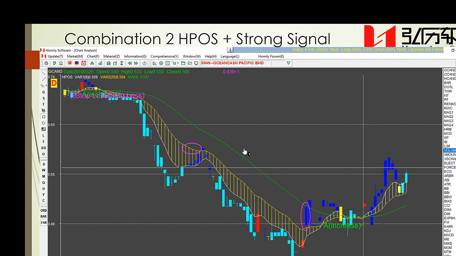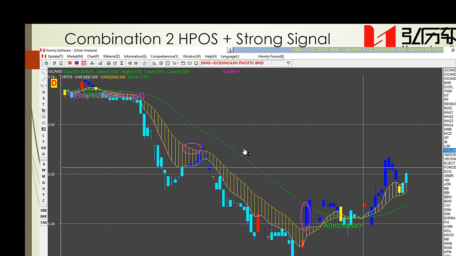And then this one is different. We can see this point is different because it can stand above the white line, but not the yellow line, and then the yellow line can turn up. So this one is better. And then the second day it gets up and stands above the yellow line.